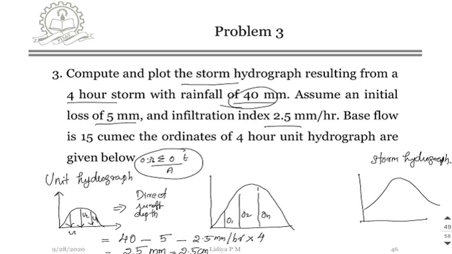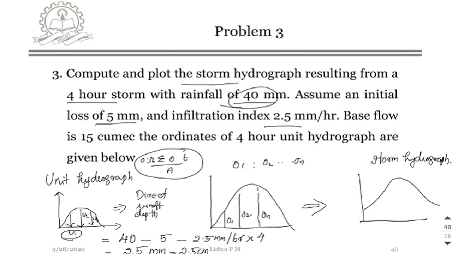The next procedure, we need to get the value of O1. How to get O1, O2, etc. ON? Multiply the ordinates U1, U2, UN with this direct runoff depth. You will get the ordinates O1, O2, ON. Then next step, we have to form the storm hydrograph.